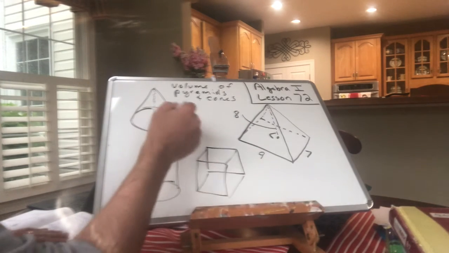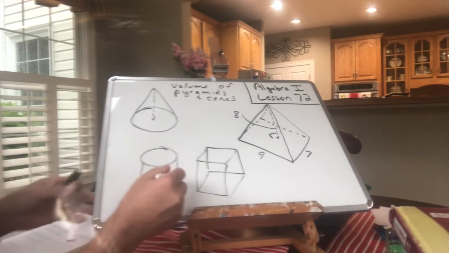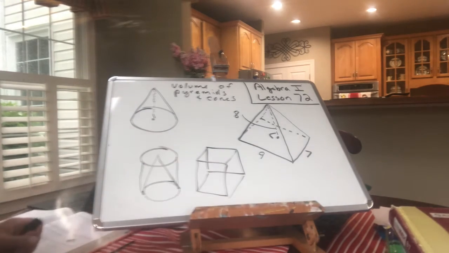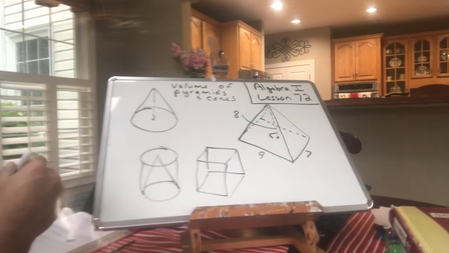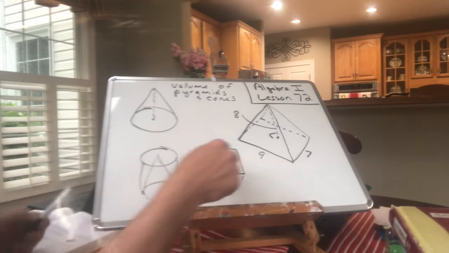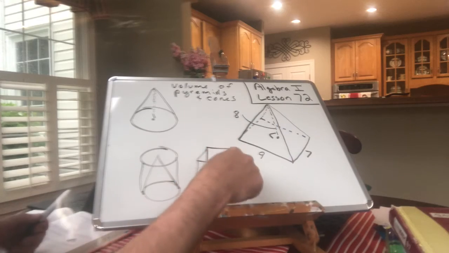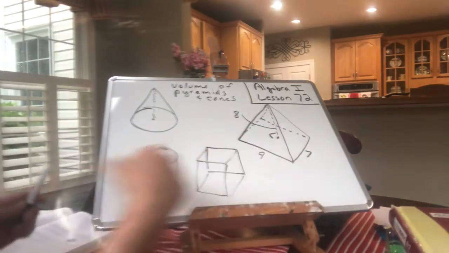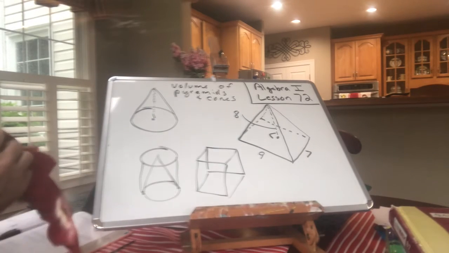So if you took this cylinder right here and you went up like this, obviously that would be the cone that we're talking about, right? Same thing with the rectangular prism. We could do the same thing and make a pyramid out of the inside of that.